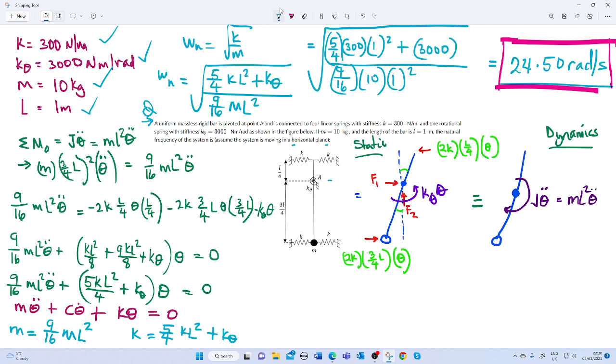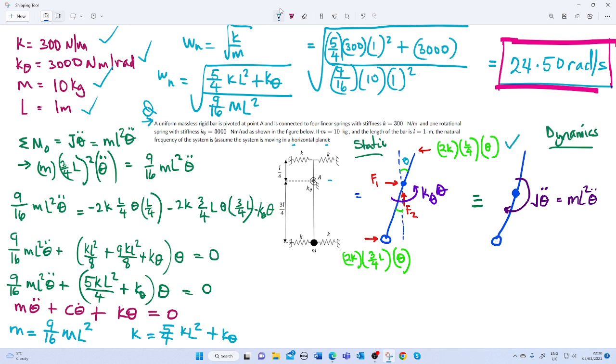Now we know that the length of the connection of the equivalent stiffness, which is 2K, is L over 4. So it becomes 2K multiplied by L over 4, multiplied by the angle of rotation theta.